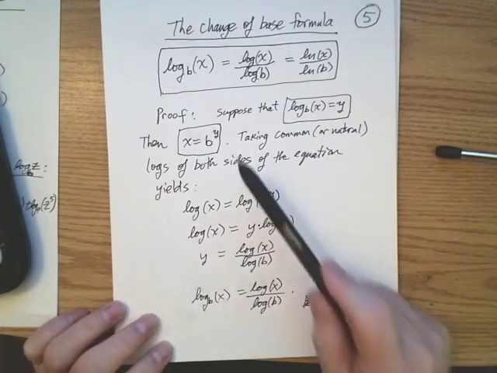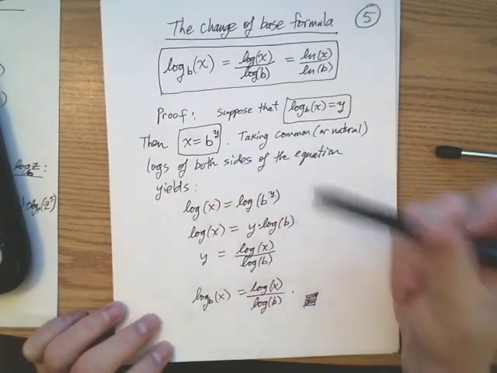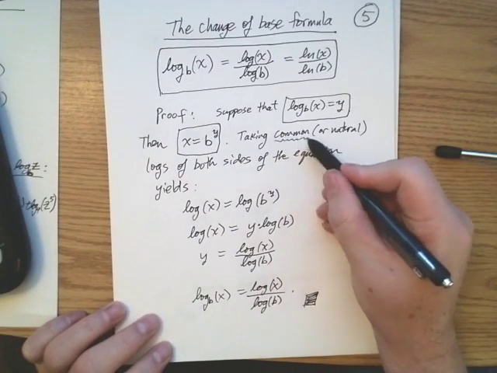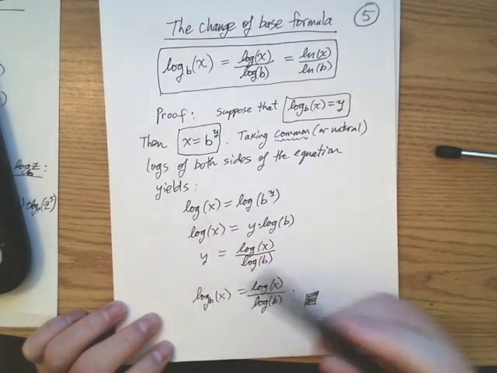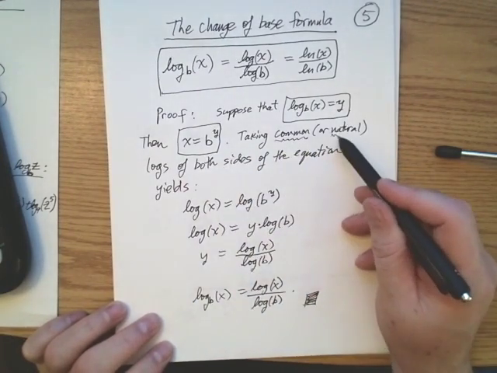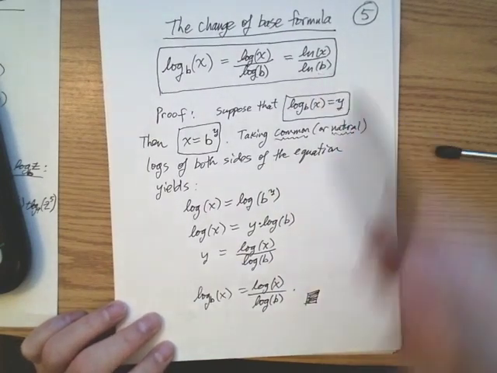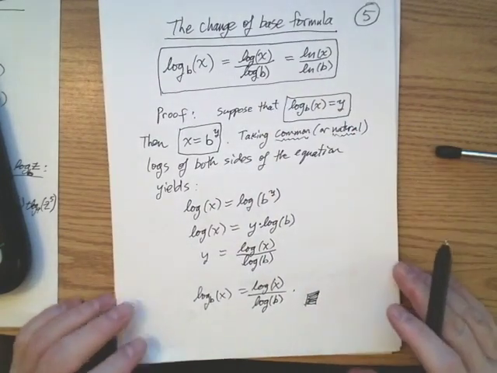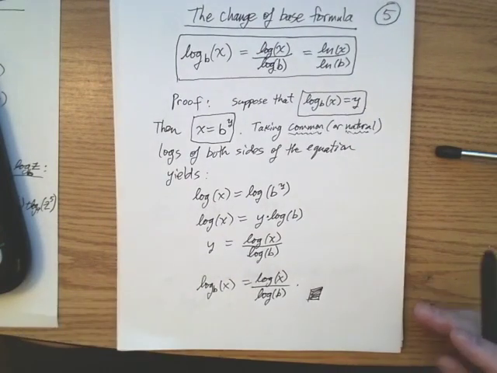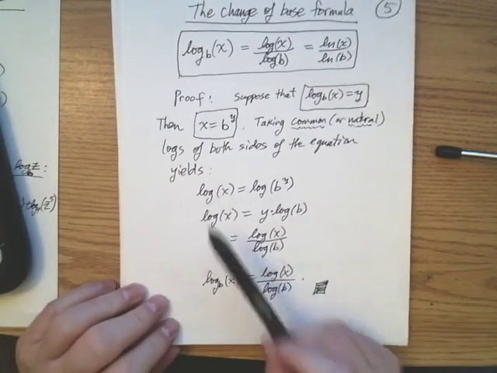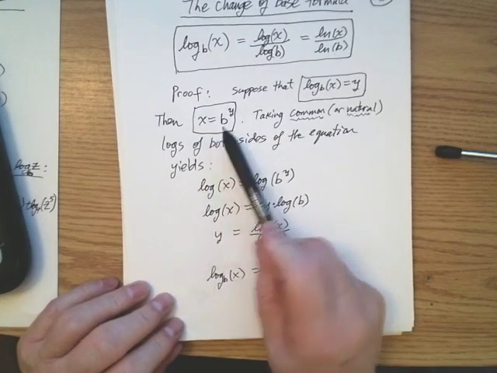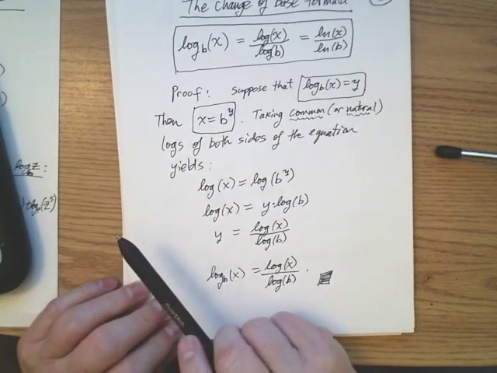Now watch though. I'm going to take the common logarithms, that's logarithm base 10, of both sides of this and show you how it works here. You could just as well use the natural logarithm in this argument, and you would end up with this conclusion instead of this conclusion. But I'll show you some concrete examples in a minute. Anyways, I've got this formula. I'm going to take logarithms of both sides, base 10.